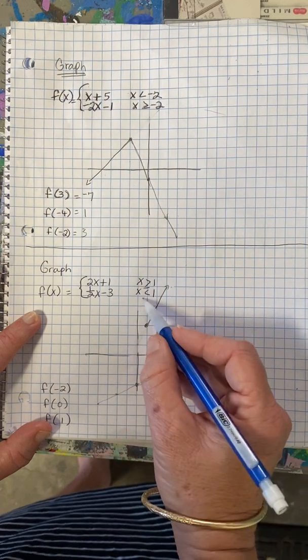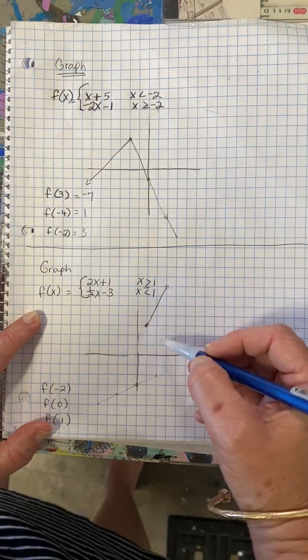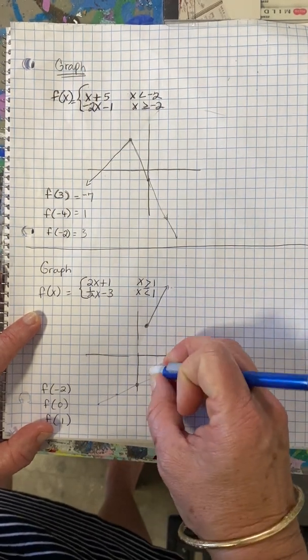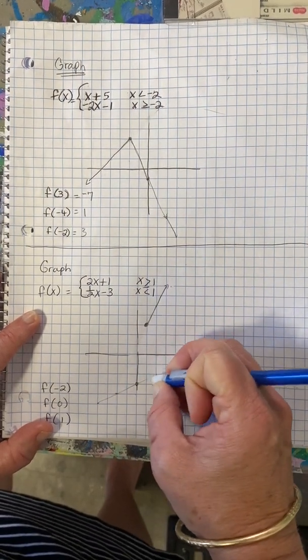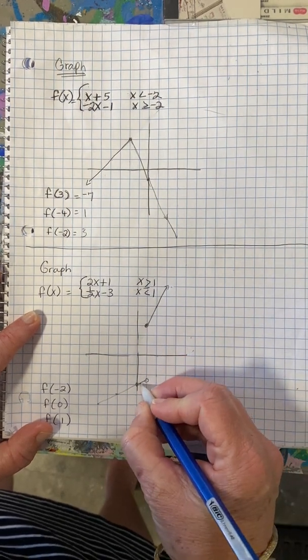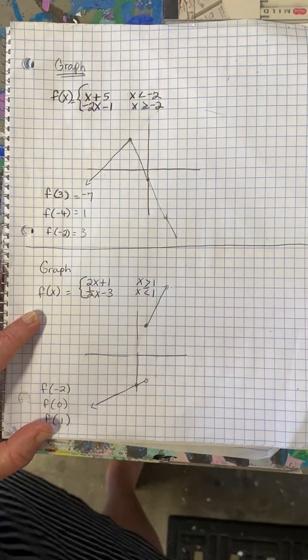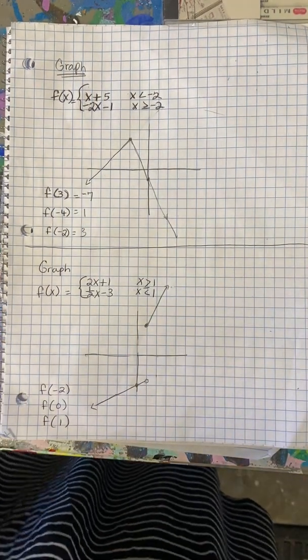And let's see what the domain is. I'm going to use this when x is less than 1. Okay, well, this is where x is 2, so I'm not going to use it here. And I'm going to have an open circle here. So it starts here, and it's going this way. So that is what my piecewise function is going to look like.